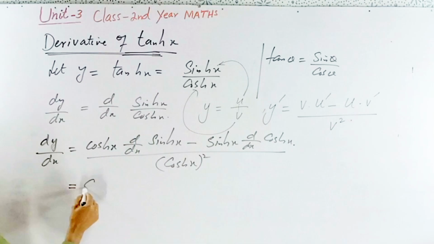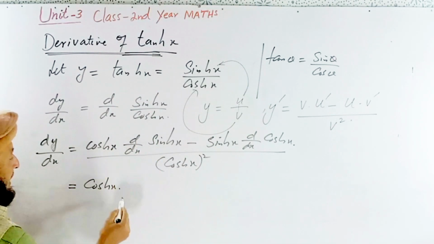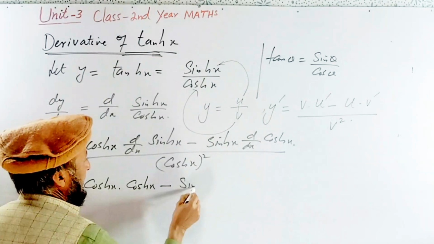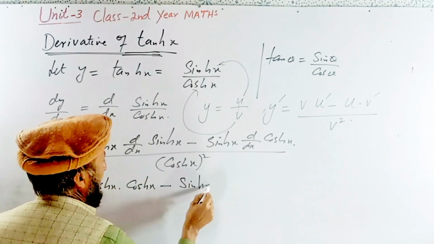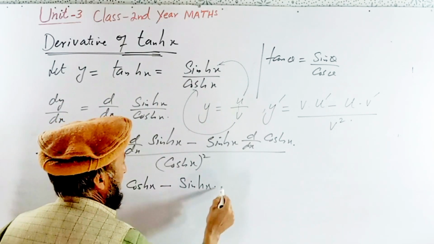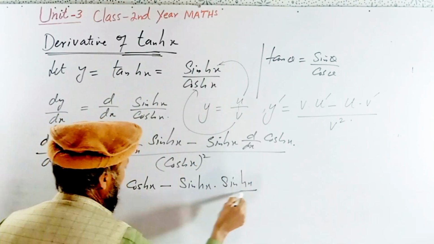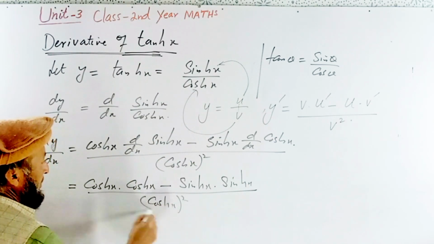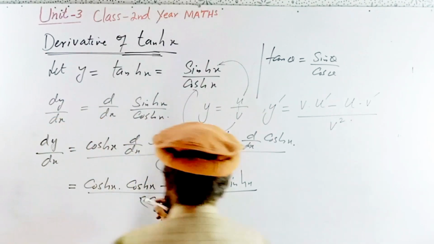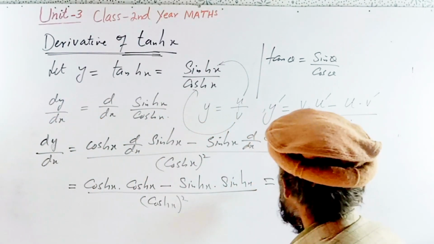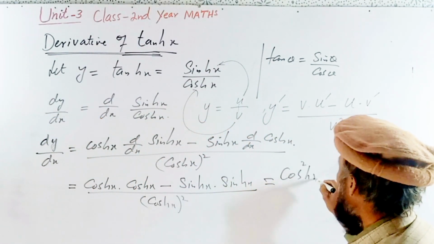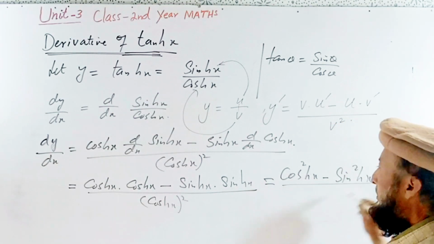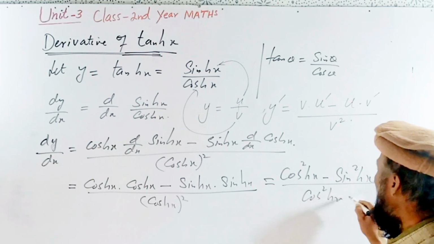Now the derivative of sine hyperbolic is cos hyperbolic x, and the derivative of cos hyperbolic is sine hyperbolic x. So we can write cos square hyperbolic x minus sine square hyperbolic x, divided by cos square hyperbolic x.